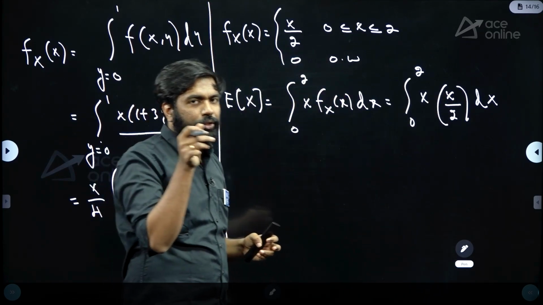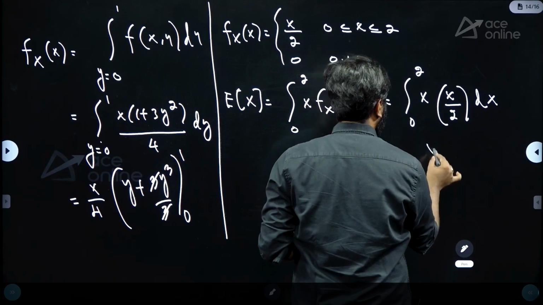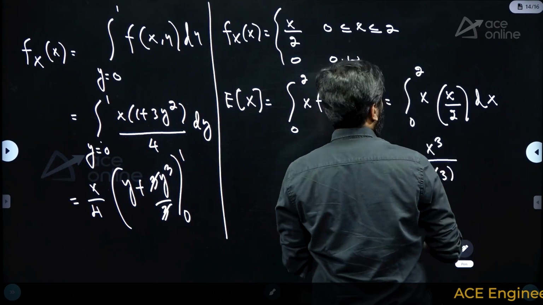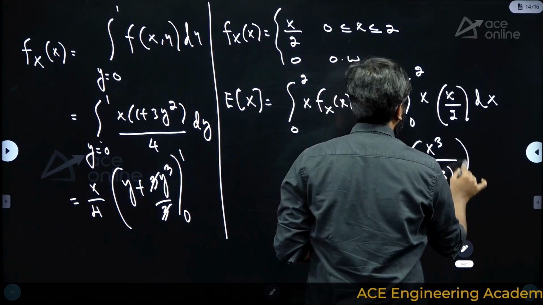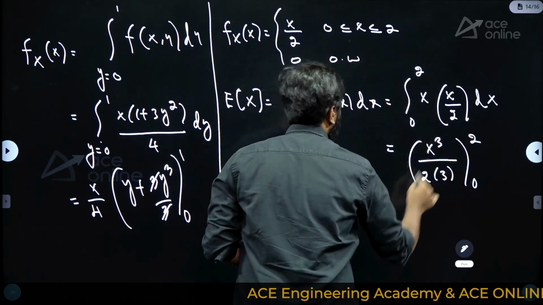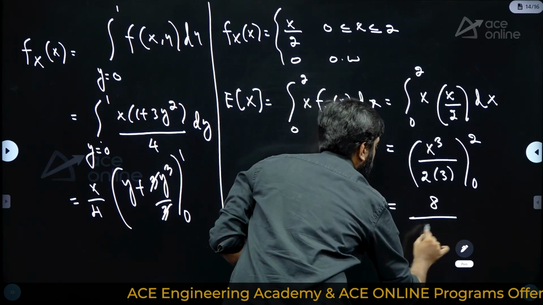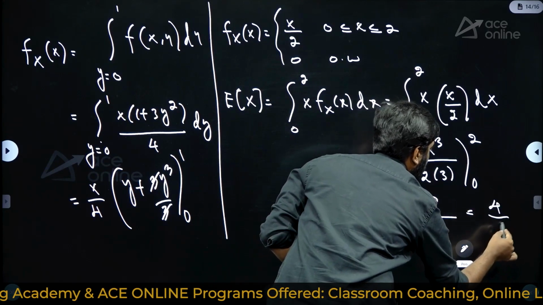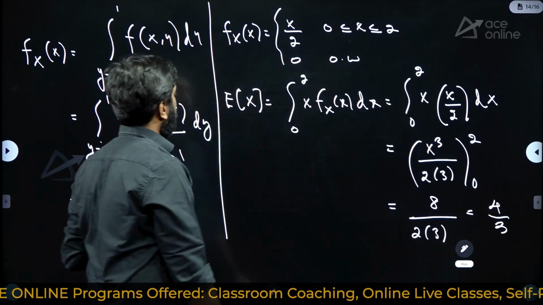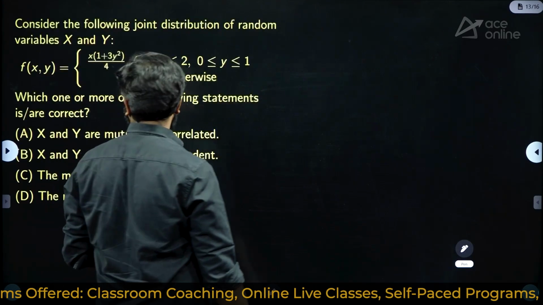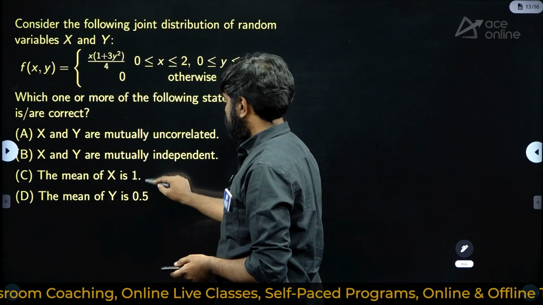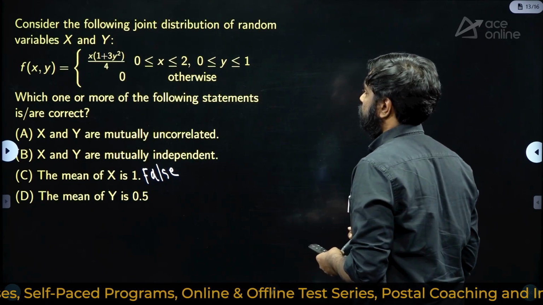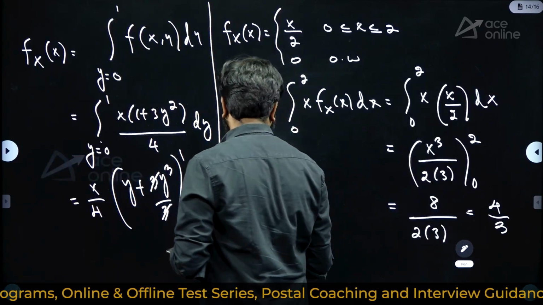When you integrate that, you get x cube by 3. So this is x cube by 2 and in addition to that you get a 3, and the limits are 0 to 2. Substituting the limits will give you 8 by 2 into 3, lower limit is 0, which is 4 by 3. The mean of x I have got as 4 by 3, but the option says it is 1, which is a false statement. We are supposed to pick which ones are correct, but this is a false one.